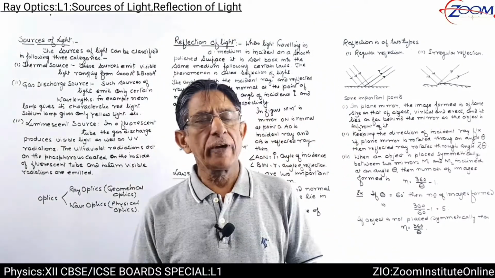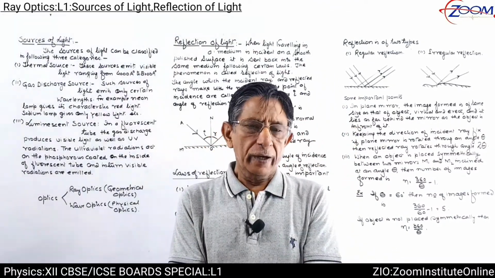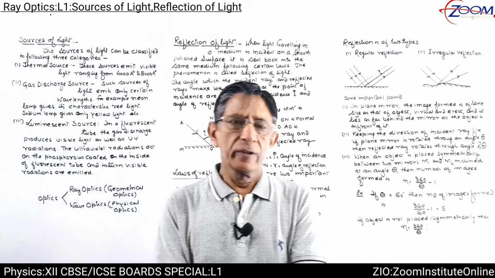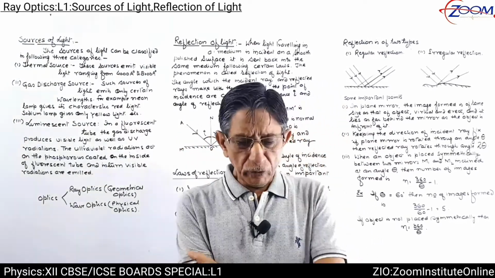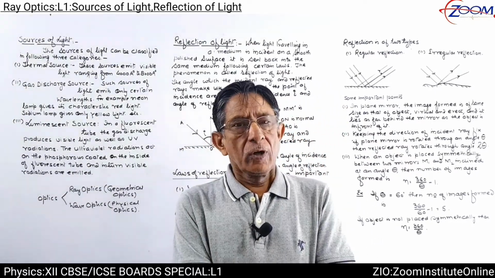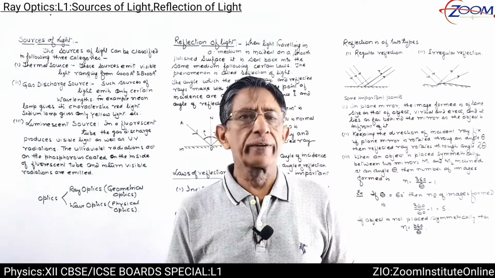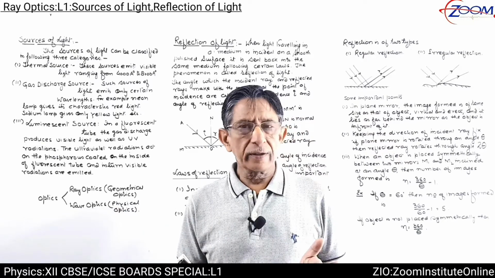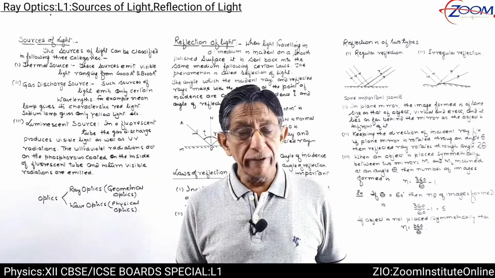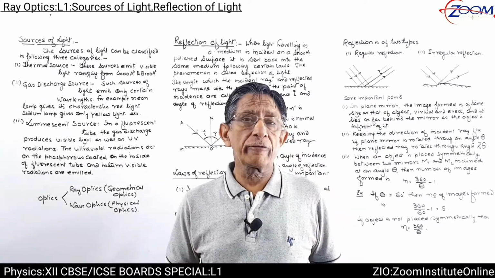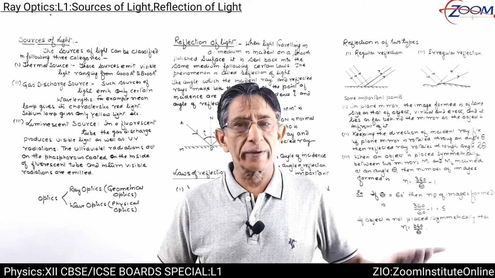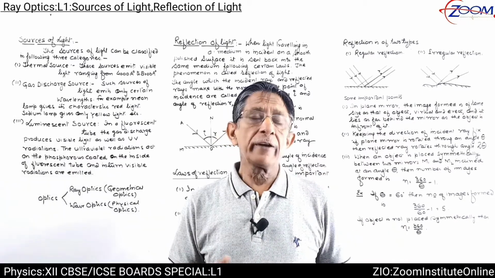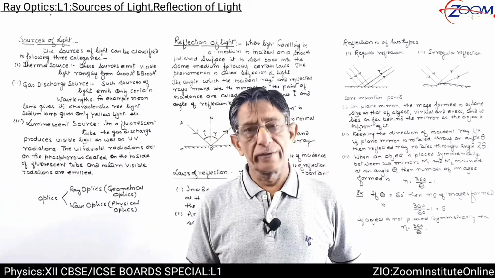Students, we are going to start a new topic, that is ray optics. Actually, what is optics? Optics is a branch of physics in which we study about light, properties of light, various instruments related to light, for example, telescope, microscope, etc., and the various properties exhibited by light.